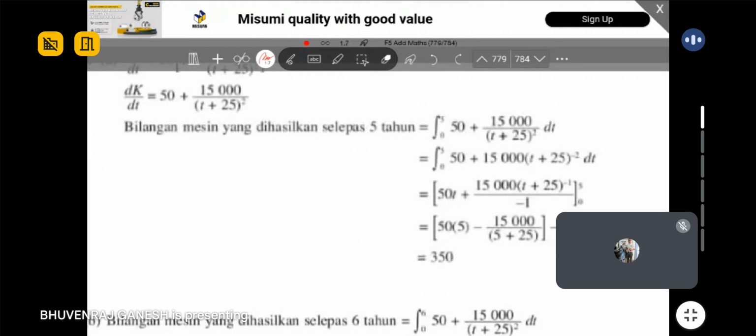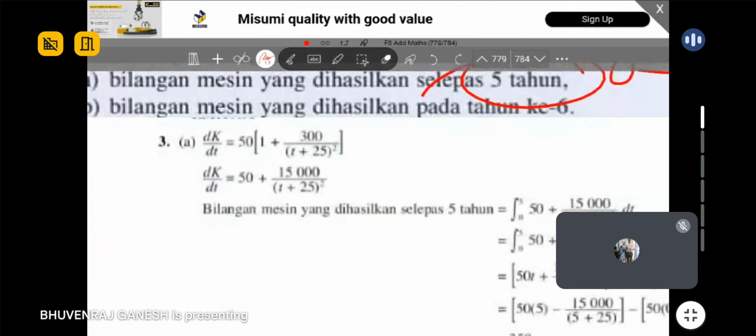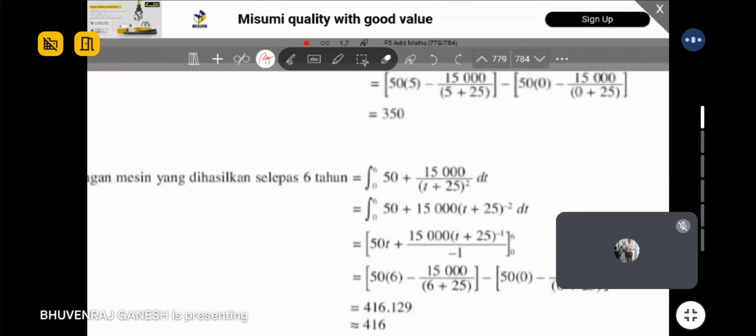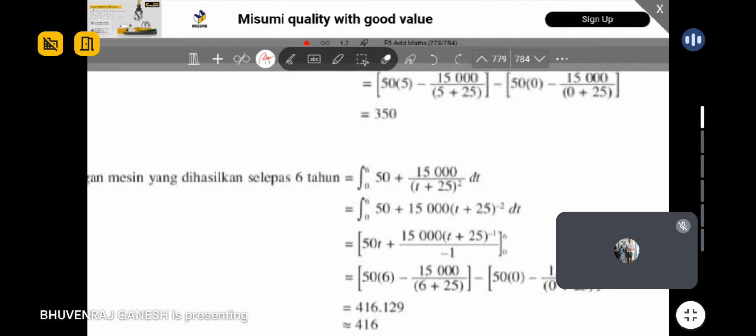Alright, okay, so for question 2, same concept. Now they ask you 6, so the limit 0 sampai 6 lah. Okay, so then kamu akan dapat jawapan dia. So guys, when you get this kind of answer, adakah logic bilangan mesin jawapan dia ni?